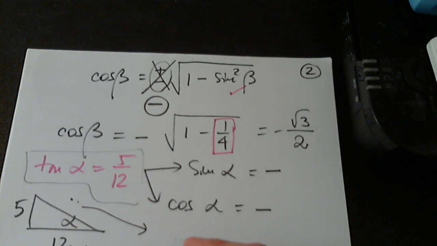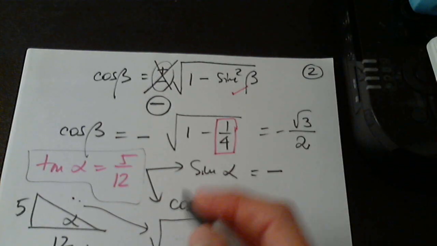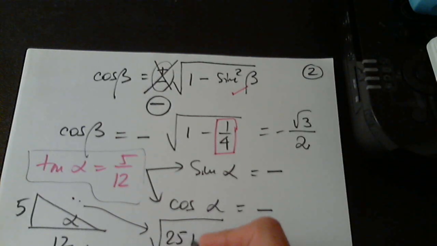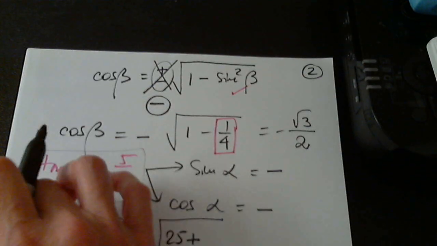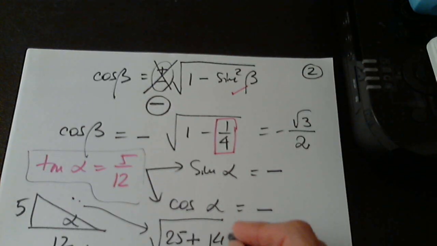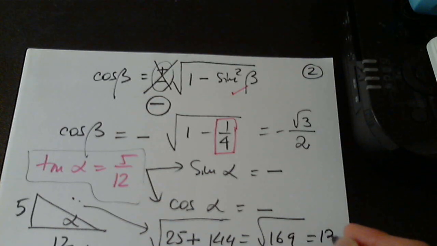How will you determine the hypotenuse? 13, right? Yes, exactly. Excellent. It is the square root of 5 squared plus 12 squared, which is 25 plus 144. Excellent. This is the square root of 169, which indeed is 13.